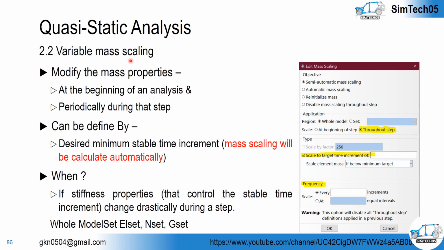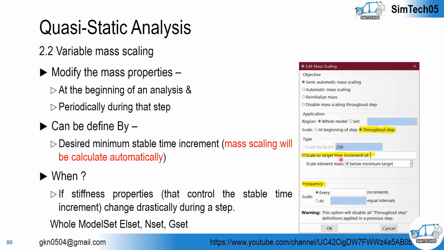Next is variable mass scaling. Variable mass scaling is important, and we have to define it using these options throughout the step. When you check these options throughout the step, the first option, by scale factor, is highlighted in the type, meaning you cannot artificially introduce mass by scale factor.